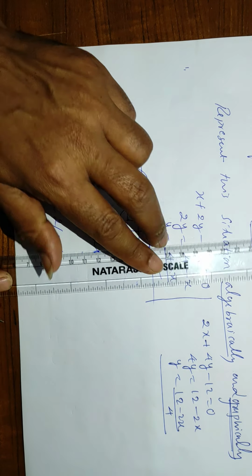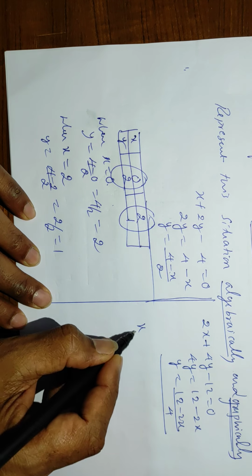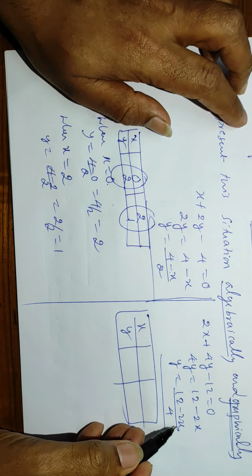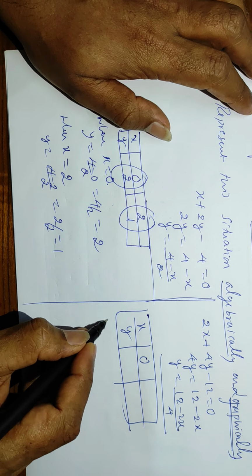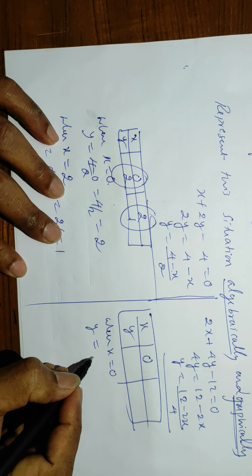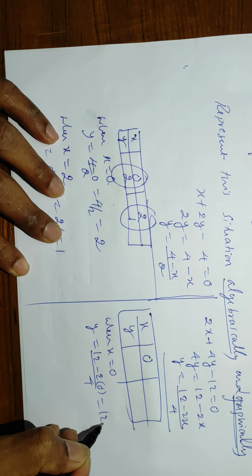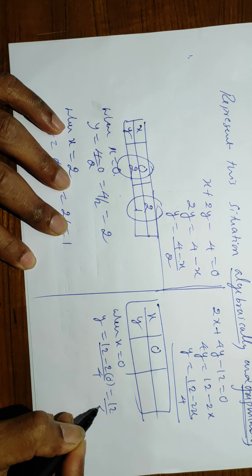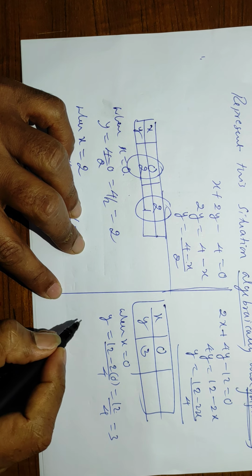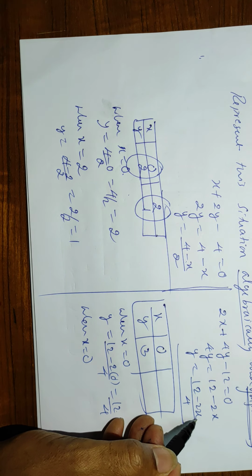So for the other equation, x and y. When x equals 0, y equals (12 minus 2 into 0) by 4, that is 12 by 4, that is equal to 3. How much do I have to substitute for x?